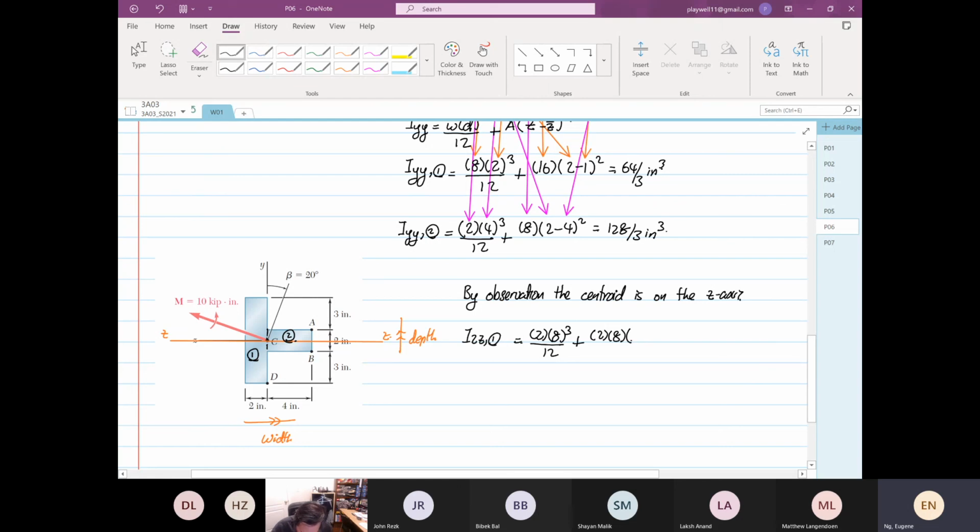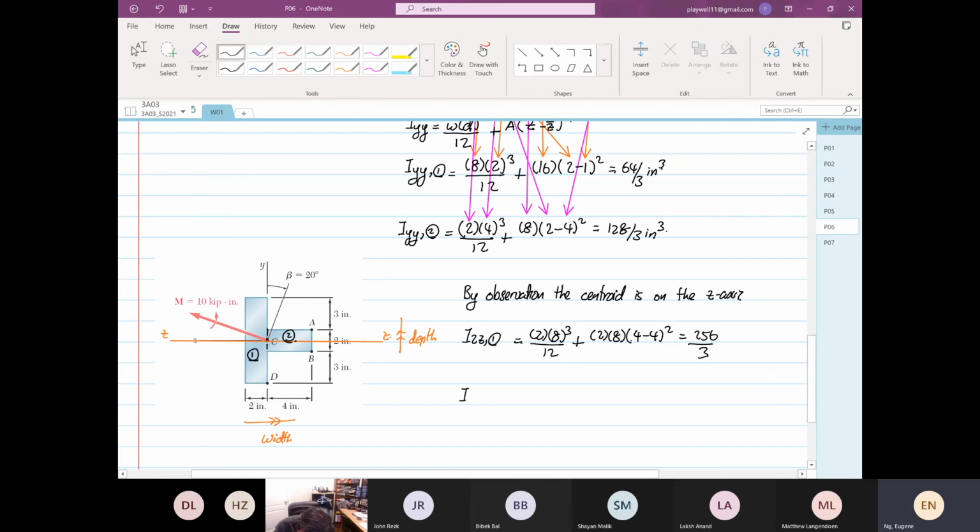The centroid, either from the top or the bottom, is 4, so it's 4 minus 4 squared, so this is as good as 0. So this will be 8 to the power of 3 times 2 divided by 12, which is equal to 256 over 3.